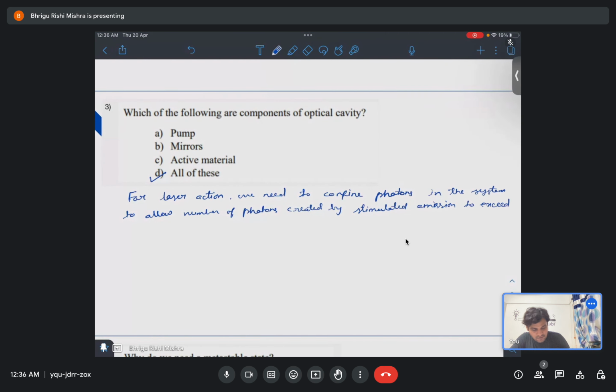All other mechanisms means stimulated emission should occur before spontaneous emission. So we need to have higher stimulated emission compared to the spontaneous emission.